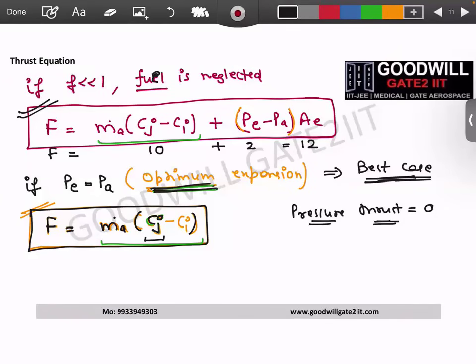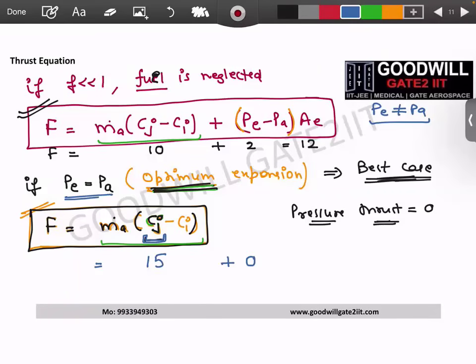All right. Now, this is PE not equal to PA. But when you have optimum expansion, this pressure thrust goes to zero, but this momentum thrust increased because of this high CJ at the exit. And why is this CJ high?